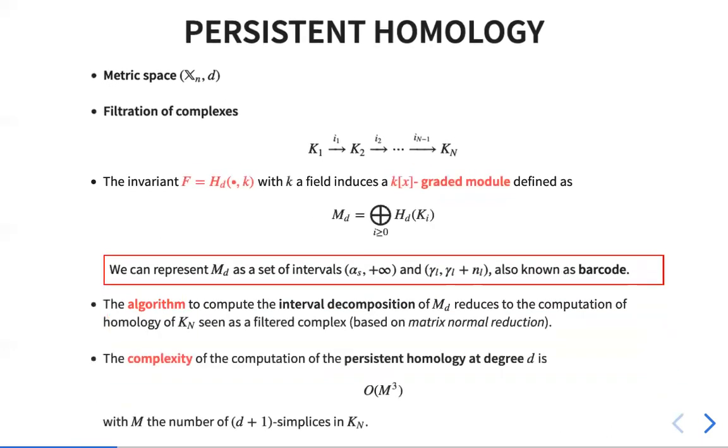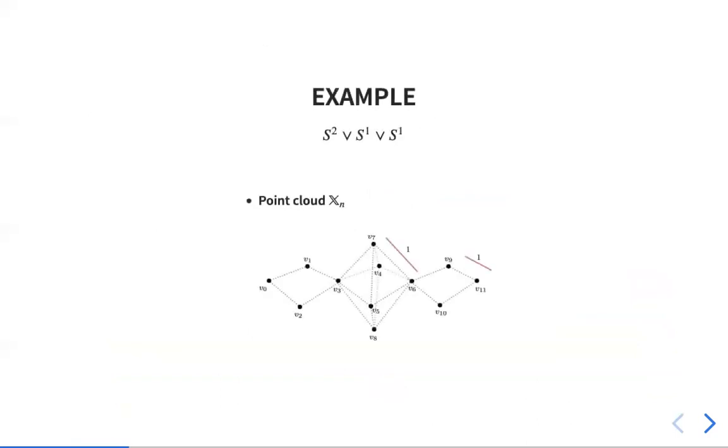Great. So here is a very simple example. This is a point cloud of just very few points in R3, and suppose that you can measure distances between these points using the Euclidean distance in the ambient space.